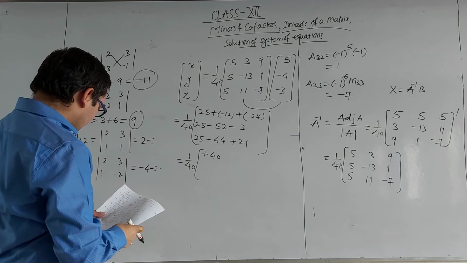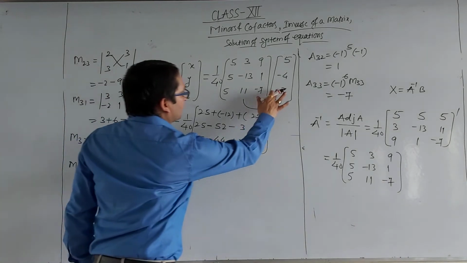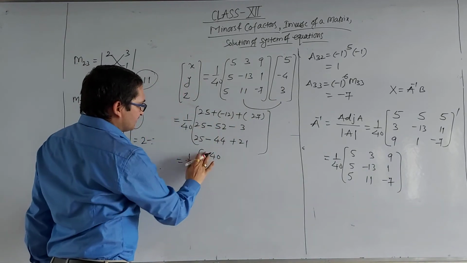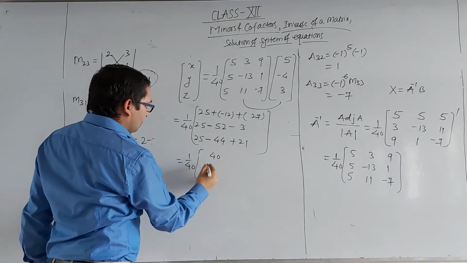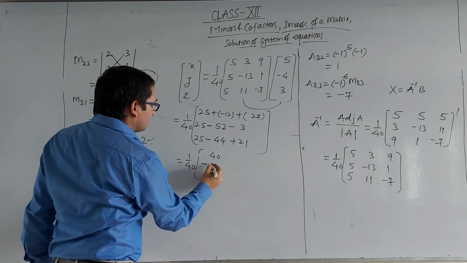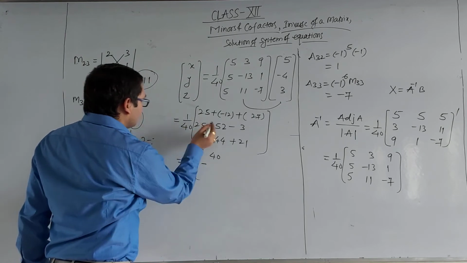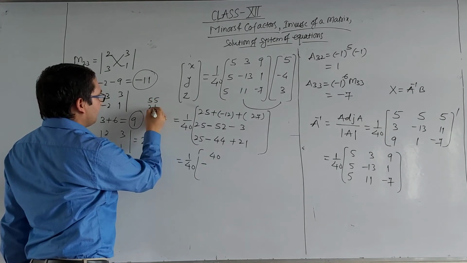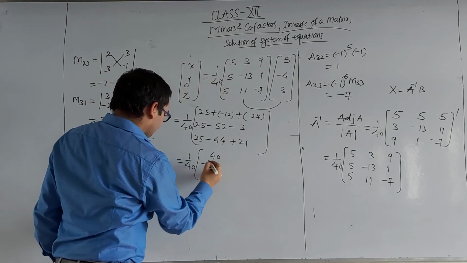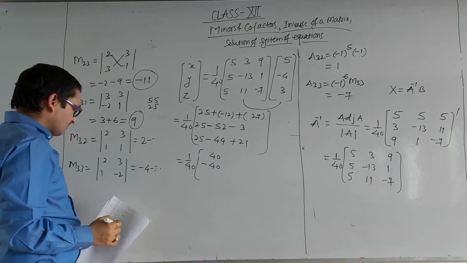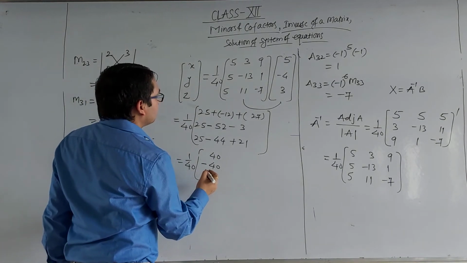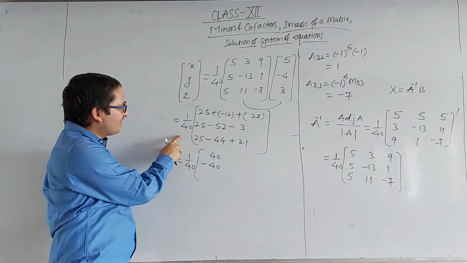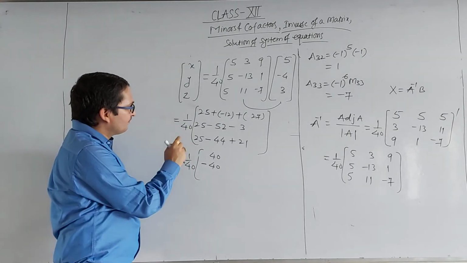This is the 3 given, not minus 3. So it will be 27, so 40, and this will be minus 55 and 25 minus 40. This value we need to check once.